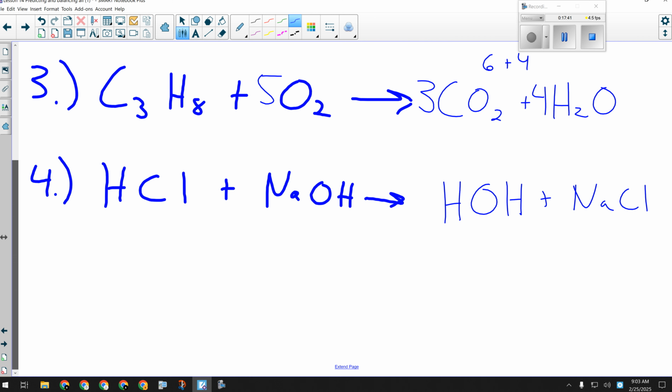It's also a neutralization reaction. This is an acid, and this is a base. Whenever you mix an acid and a base together, you get water and a salt of some kind. In this case, actually table salt, but not always. It's a salt, another ionic compound of some kind. Do I need to drop and swap either of those?